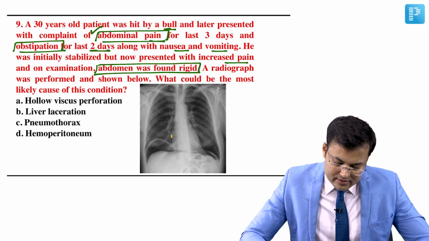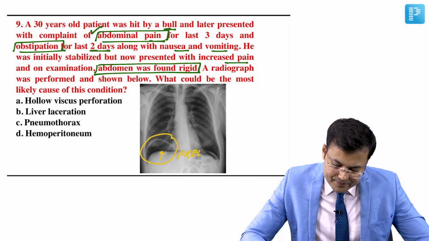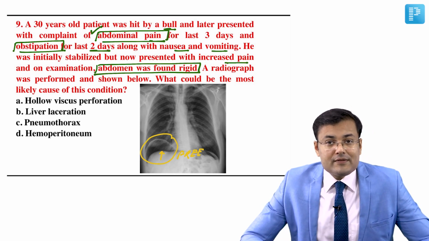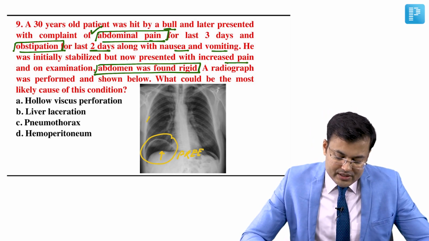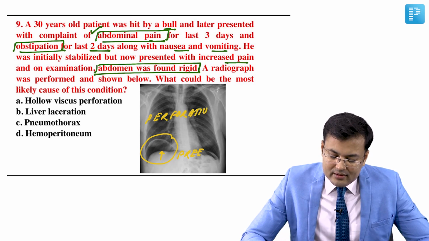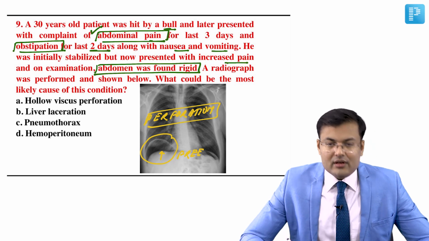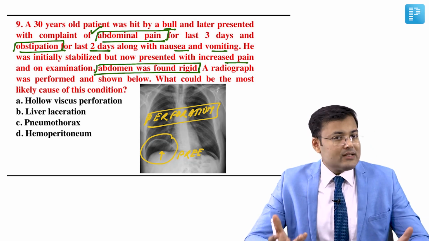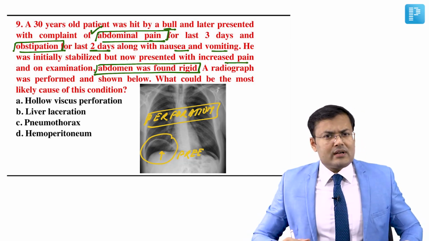So can you see here? You can see the free air under the right dome of the diaphragm. So what is this? This is pneumoperitoneum. There is free air. It means this patient is having what? Perforation peritonitis. So after trauma, there is perforation peritonitis. What are the findings seen in patients of perforation peritonitis?